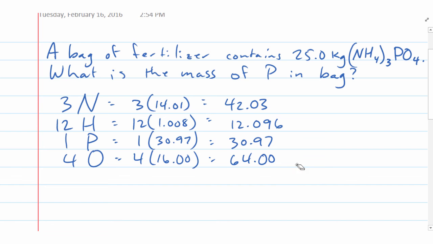If we then sum these together, we'll take the 42.03, add to that 12.096 plus 30.97 plus 64. And we wind up with 149.10. And remember, we only go out to the hundredths place because these are only good out to the nearest hundredth.